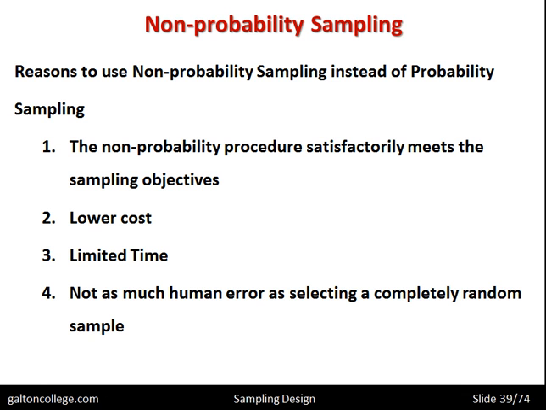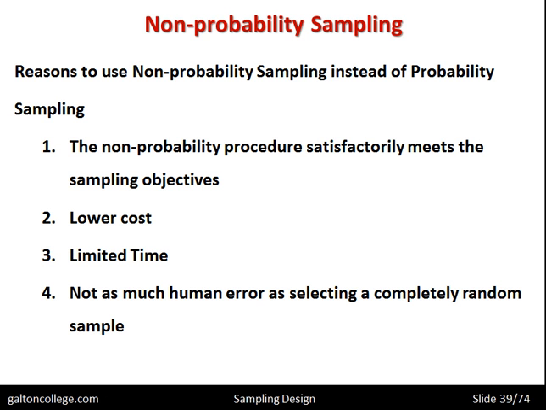There's not as much human error as in selecting a completely random sample. Selecting a completely random sample may involve quite a lot of human error as well, because let's say we wanted to find the feelings in the population about government economic policy. First of all we need the names and addresses of everybody in the population in the country. We would then need to sample them scientifically.